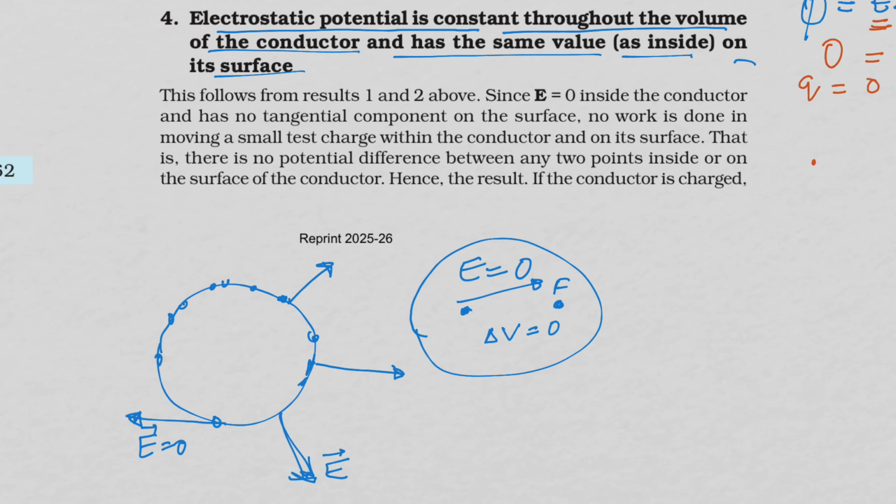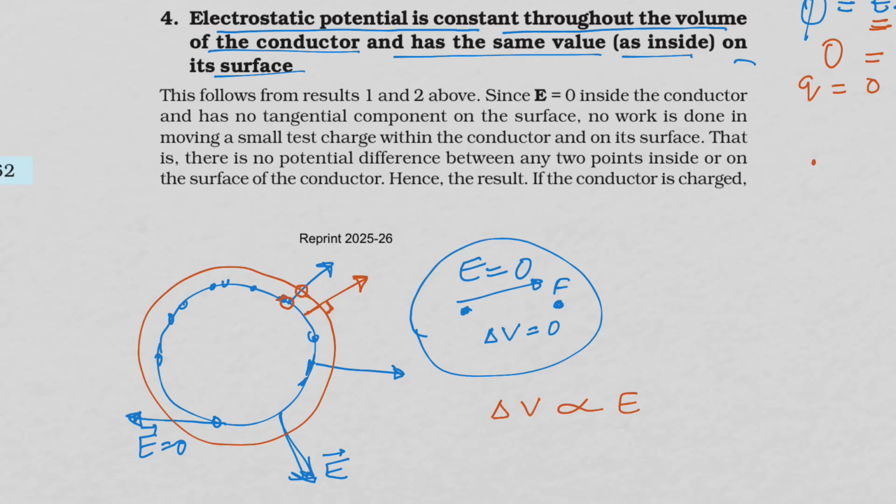But the moment we go just a little bit far from the surface, what happens? The potential at the surface and just outside the surface has a different value. Why? Because there is an electric field, which is normal to the surface, so as we go far from the surface, the electric field will affect the potential, because potential is related to the electric field.